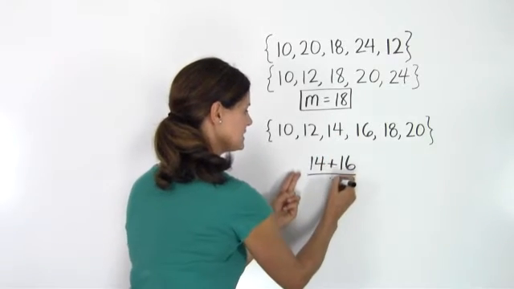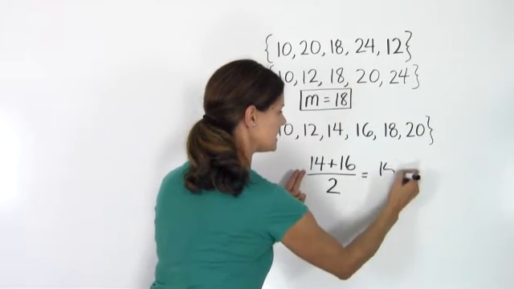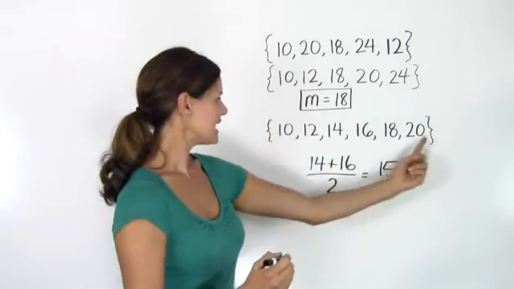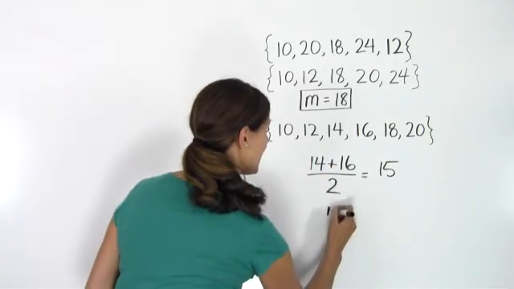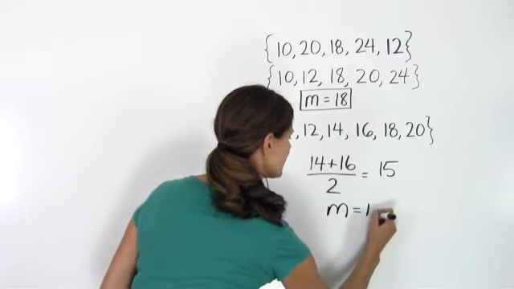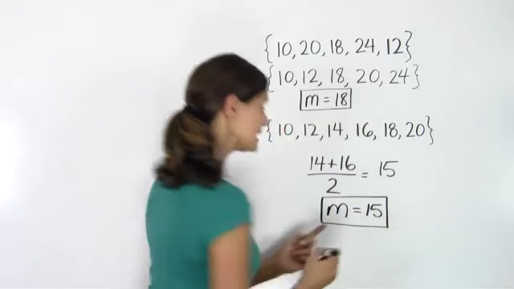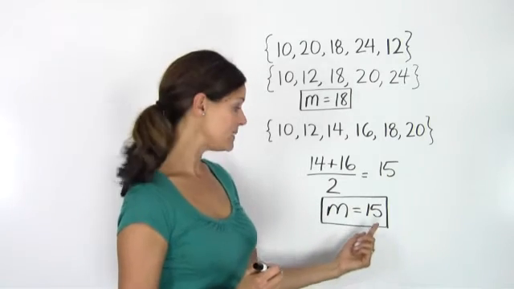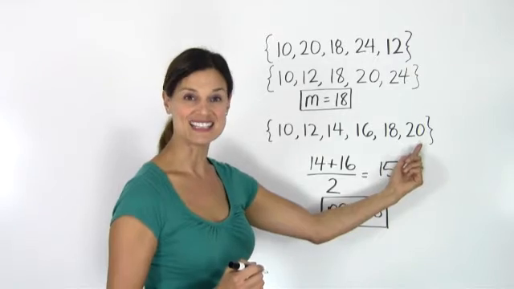So 14 plus 16 divided by 2 equals 15. So in this case, with an even number of values in my set, my median is going to be 15. And as you can see, it is possible to have a median value that is not even part of my set of data.